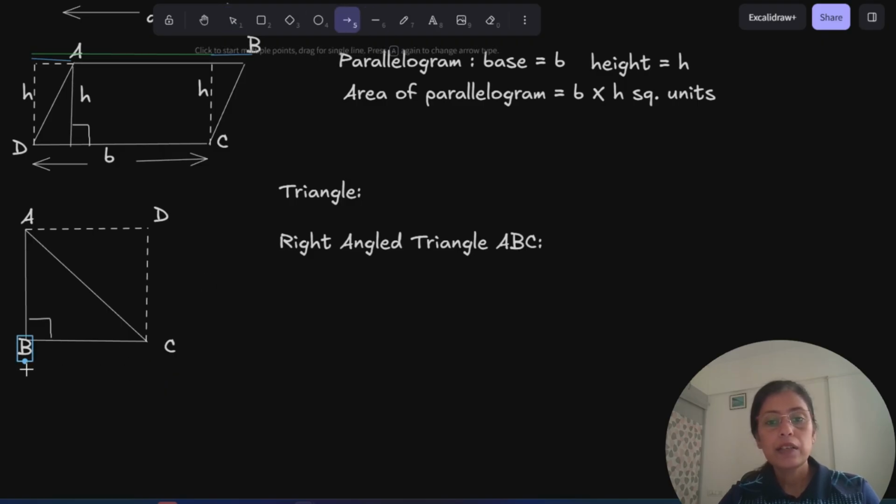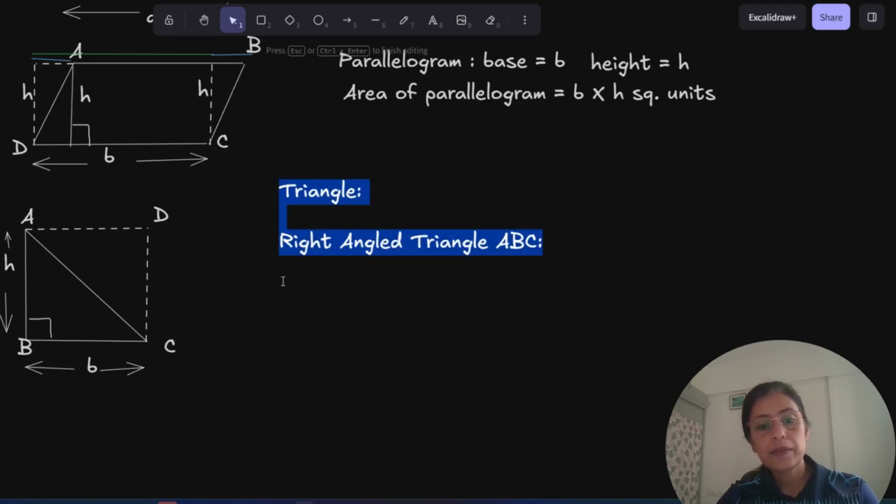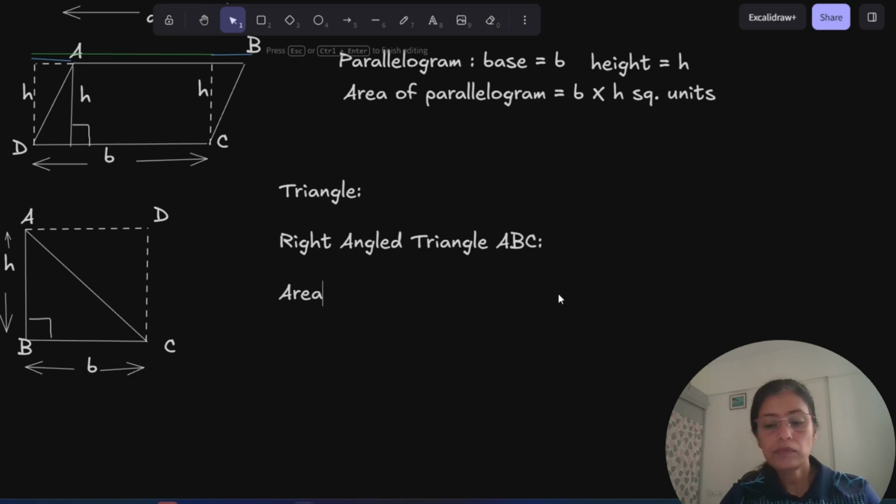So for example, if we say here that the base of the triangle is of length B, or I'll make it small, and the height is H. So in that case, the area of A, B, C, D will be base into height.